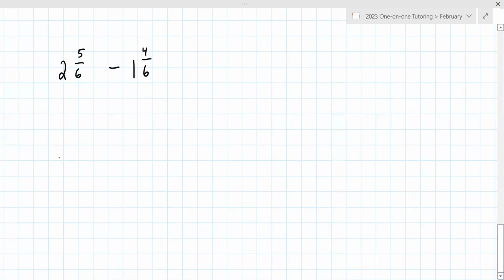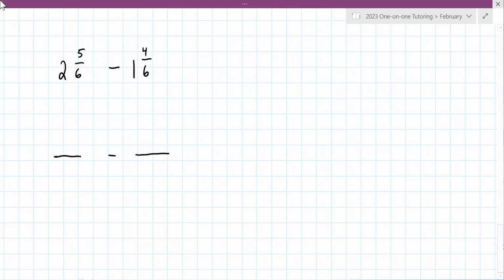I want you to convert each of these into an improper fraction, please. When you have either of those, please let me know what you have as a result.